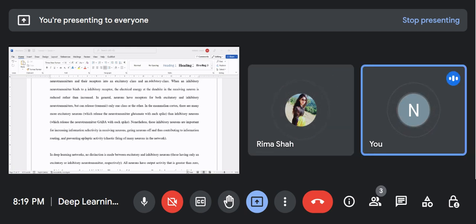So this is the difference between excitatory and inhibitory neurons. Excitatory neurotransmitters can be glutamate, epinephrine, and norepinephrine. There could be many; these are biological names for excitatory neurotransmitters.